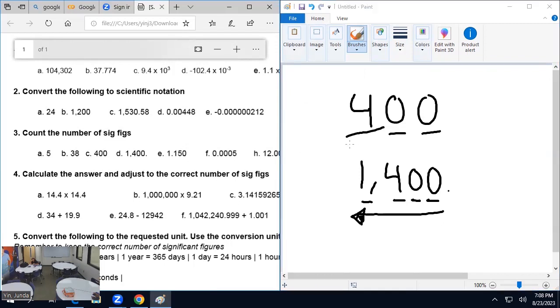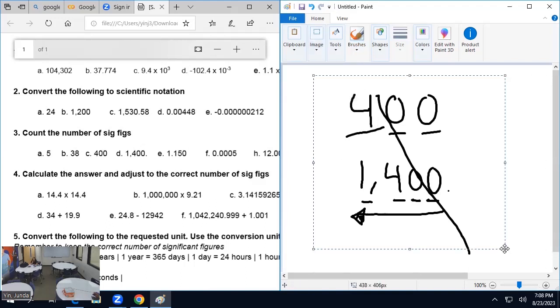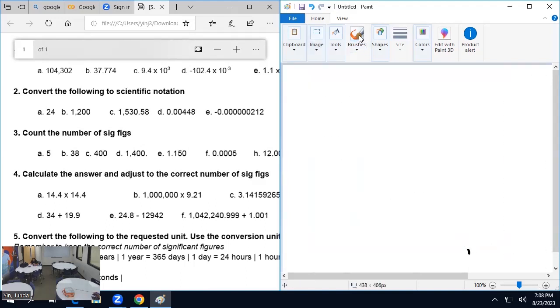Why did you go with 4 and not 3? Because there's a decimal right after the 1, and then all the numbers after that are significant.